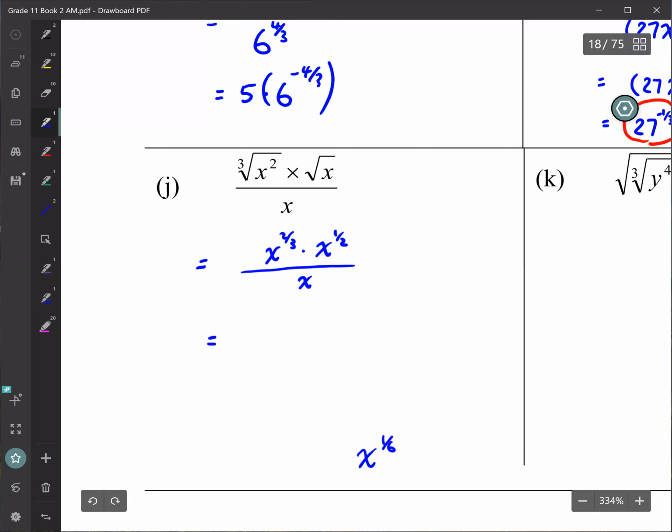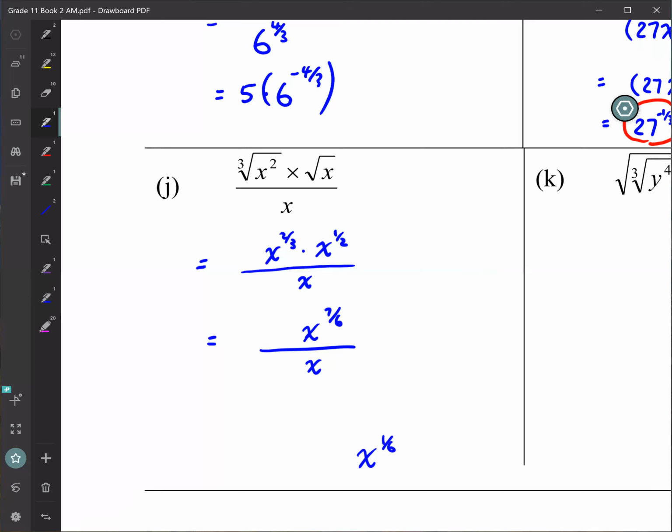Okay. And Nathan, what do you do next? Pretty sure you add 2/3 and 1/2. Okay. What would that become? It's x to the 7/6 over x.